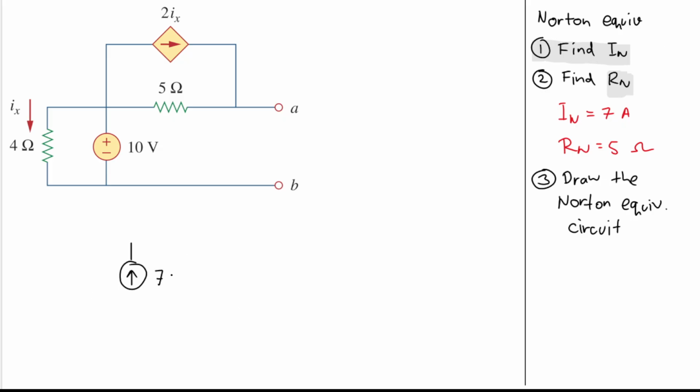So we have 7 ampere here, in parallel with a 5 ohm resistor, and we have terminals A and B at the far right. This is the Norton equivalent circuit.